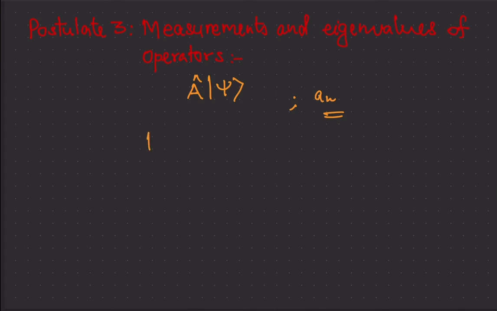Therefore, ket psi after the measurement can be written as follows. So we see that if the measurement of an observable A is made, then after measurement, the state vector changes.